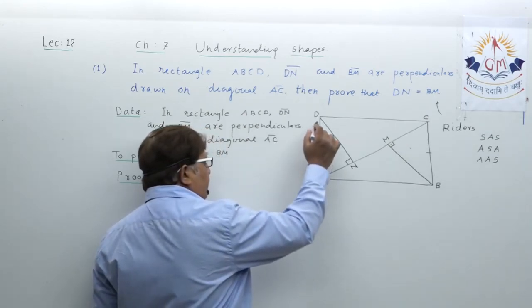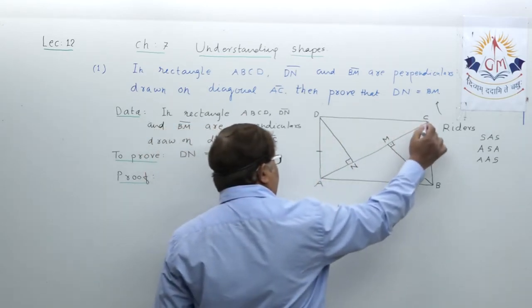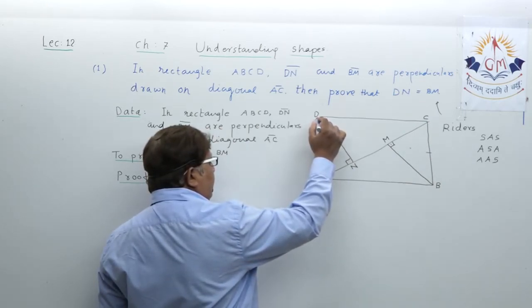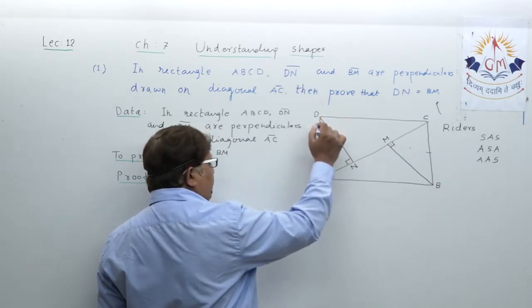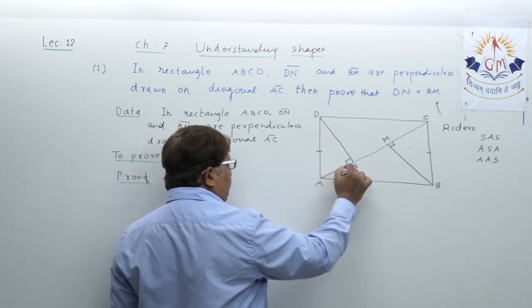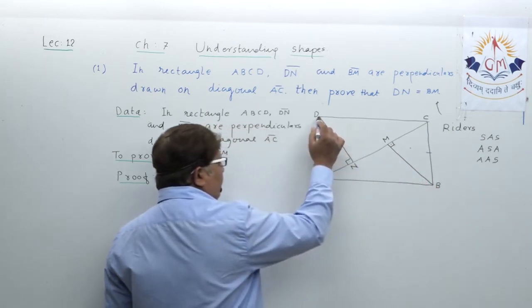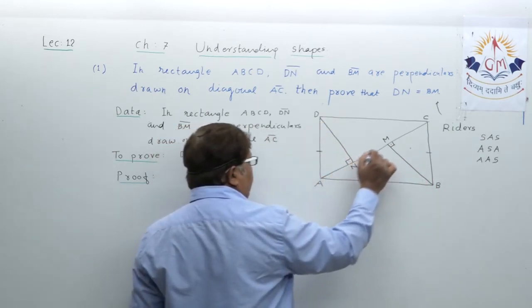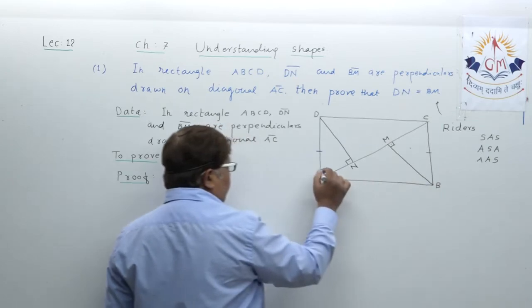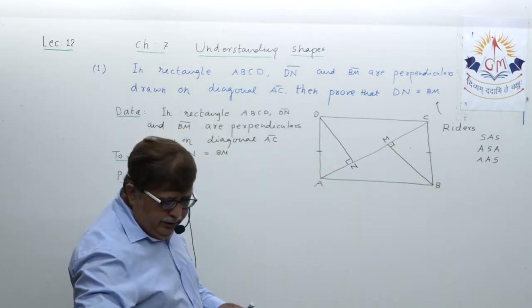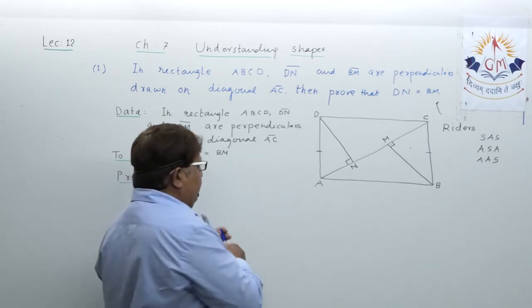So can you realize the inverted Z here? See, I am rolling my pen on this. See, D A N M C B. Again I am rolling my pen, D A N M C B. So these two become alternate angles. What do they form?